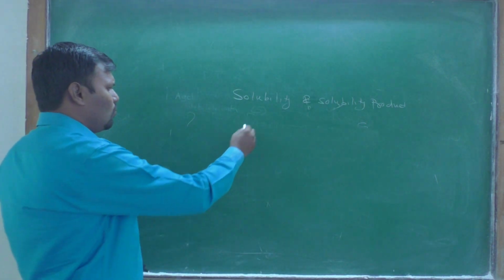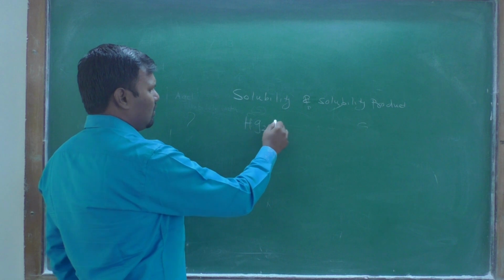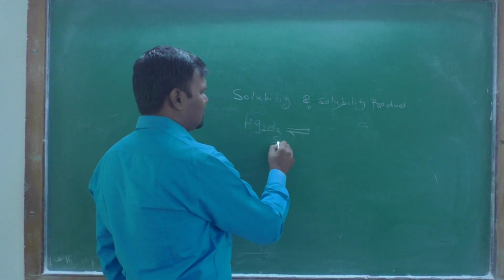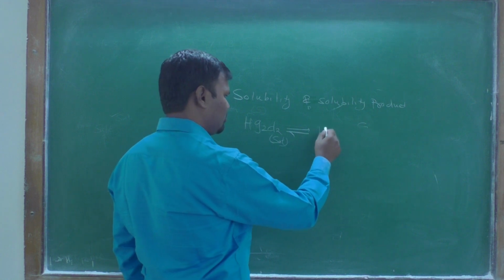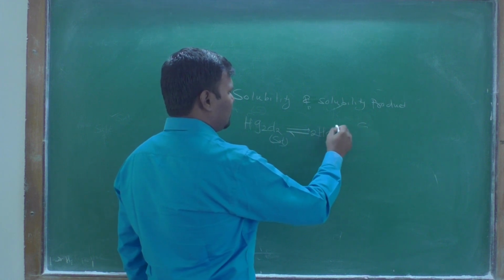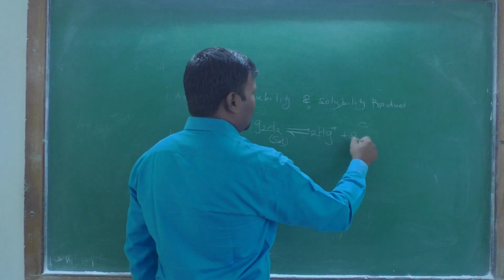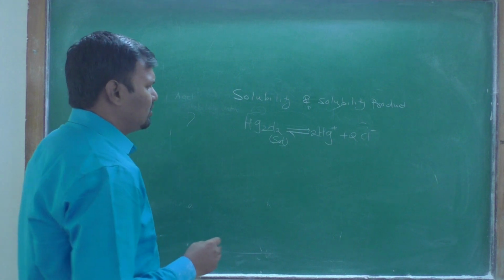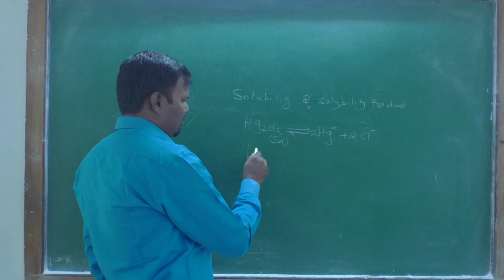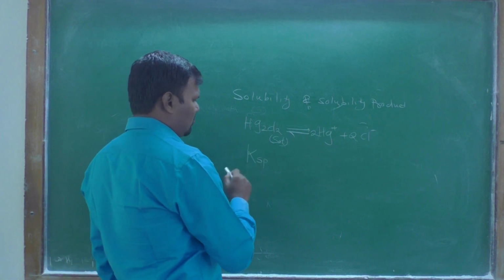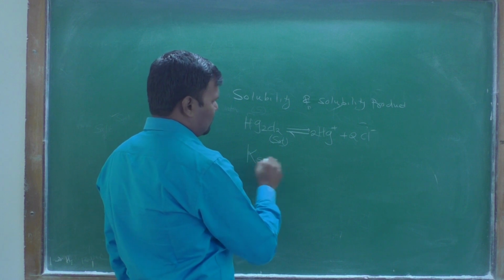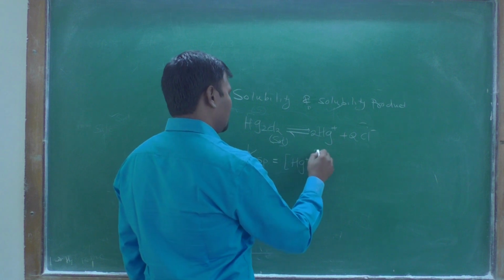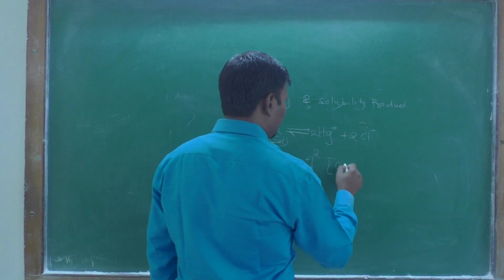That is Hg2Cl2. It dissociates and gives ions at equilibrium, that is, at the point of saturation, it gives twice the Ag+ ions and twice the Cl- ions. Therefore, by applying the solubility product law, it is given as Ag+ raised to 2 and Cl- raised to 2.